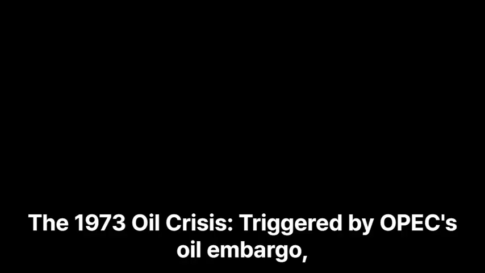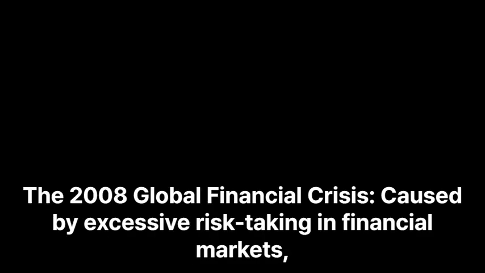The 1973 oil crisis, triggered by OPEC's oil embargo, caused inflation and economic recessions worldwide. The 2008 global financial crisis, caused by excessive risk-taking in financial markets, led to widespread bank failures and economic contractions.